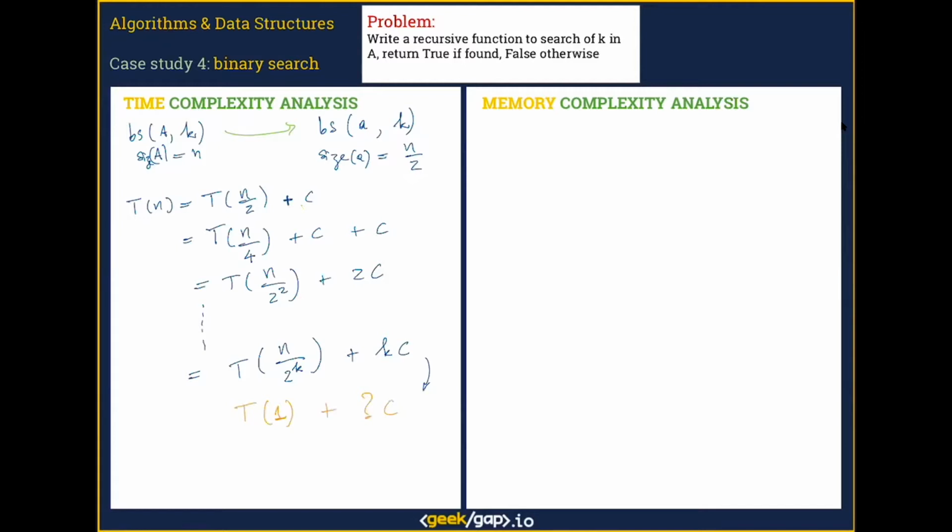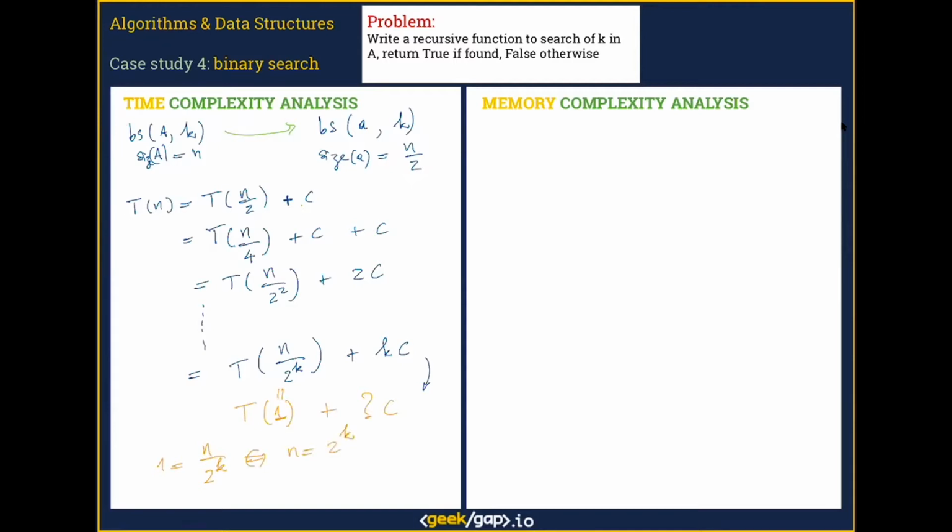What is that something? In order to find it, we equate 1 equals n over 2 to the power of k, which is equivalent to saying that n equals 2 to the power of k.